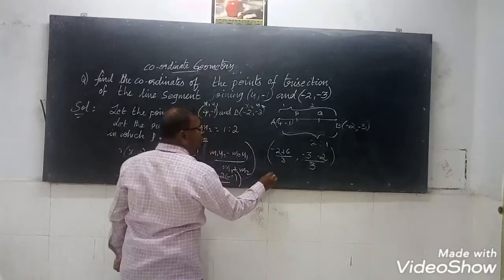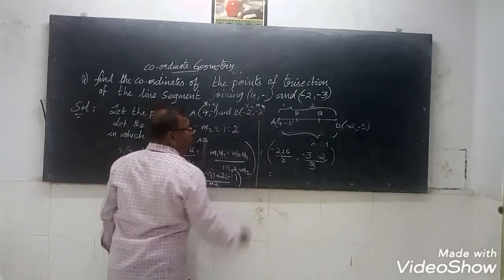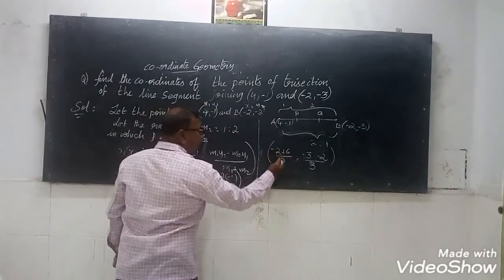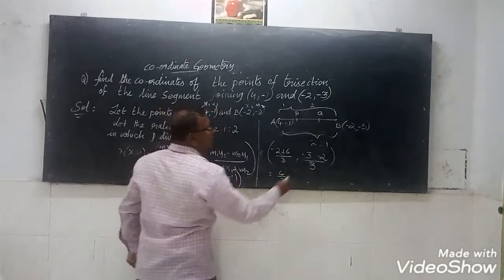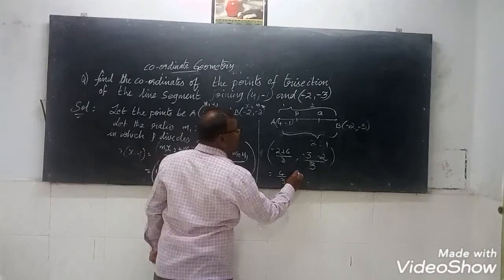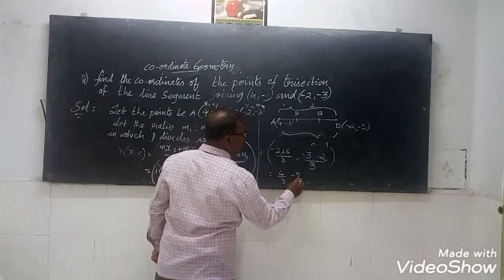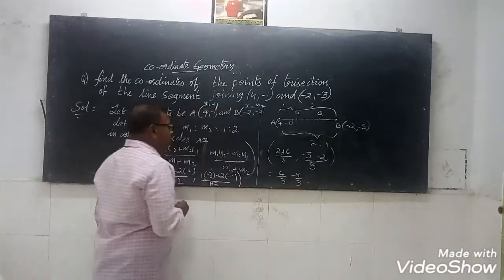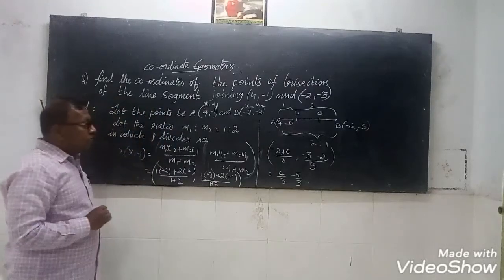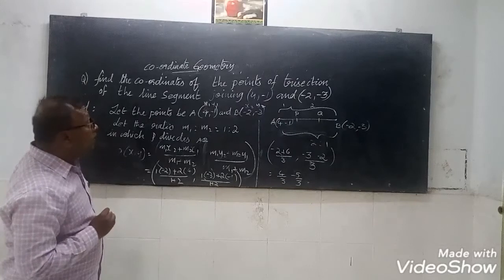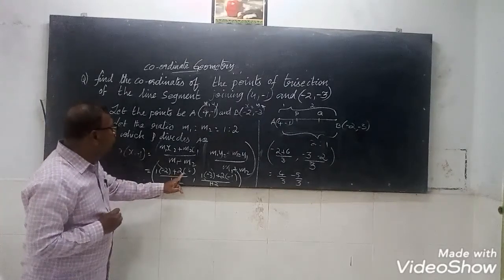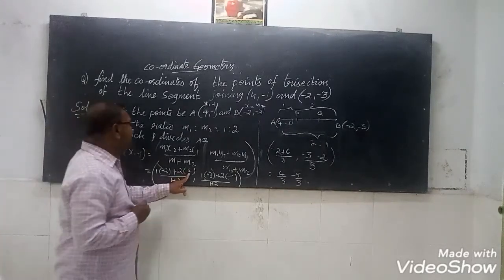Now just simplification. 6 minus 2 is 4 by 3. Here, this is minus 5 by 3. Let us once again go through the problem. Somewhere we have made a mistake. Here this is 2 into 4, 2 into 4 is 8.